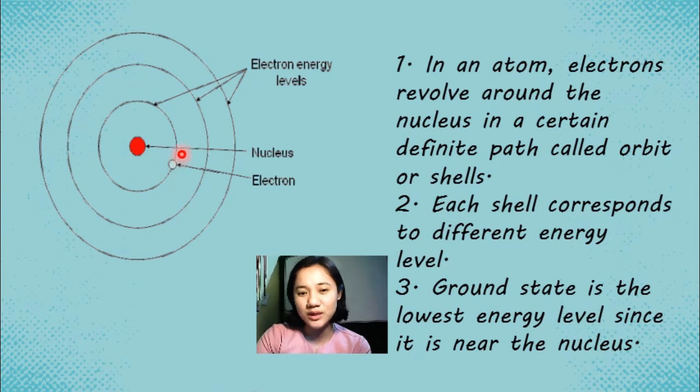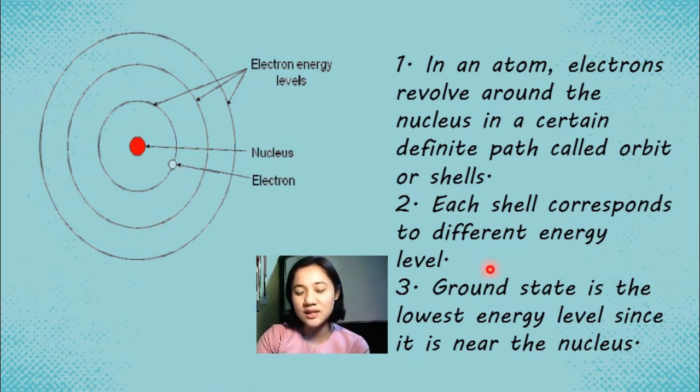Each orbit consists of electrons, depending on how many it holds. Second, each shell corresponds to a different energy level. Each orbit or shell has its own energy level.